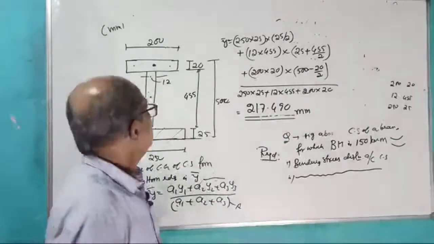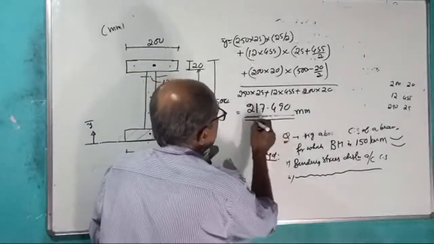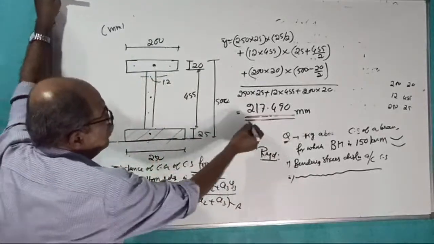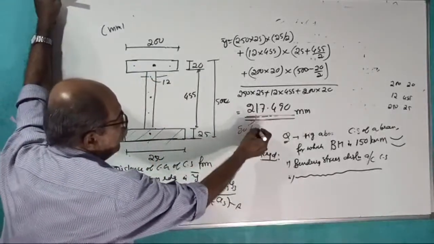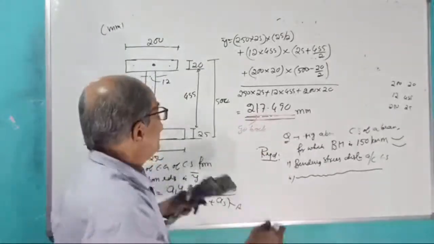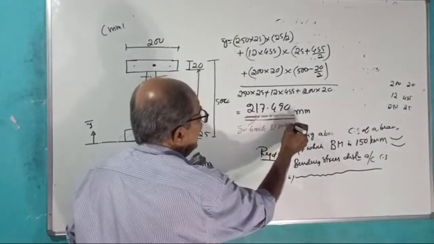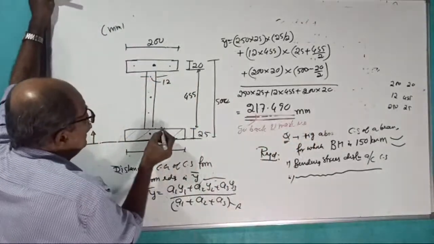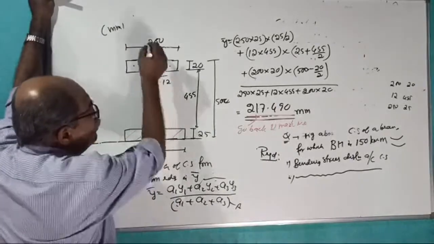Why is this red color? Because Y bar. Now, see here. From here to here is, now go back and mark the neutral axis. This is 25. Tell me, how much further above do you have to go?